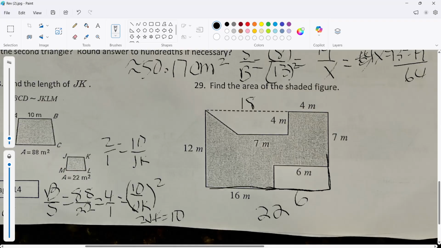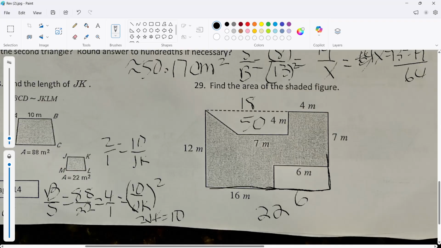So now I can find the area of the trapezoid. 18 plus 7 is 25, times 4 is 100, divided by 2 is 50.